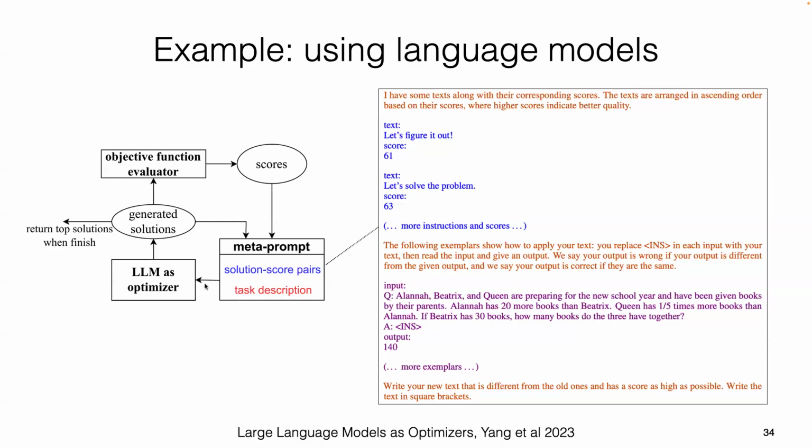Then you have the model generate some new solutions. As I mentioned before, you evaluate them, say on some task. Here it's evaluating on solving math problems. And then you can feed back in the examples here, and maybe you take the best ones, and the hope is that over time it generates better and better ones.